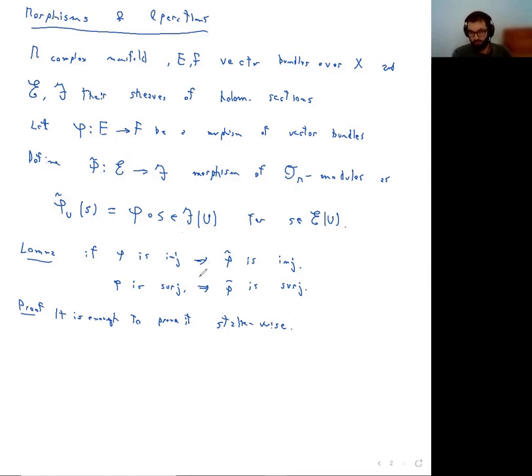So we can basically work in C^n. But let's do everything carefully. So assume that phi is injective. And let's assume that over a specific stalk, we have some element which goes to 0.